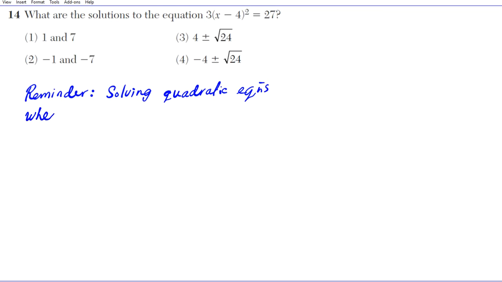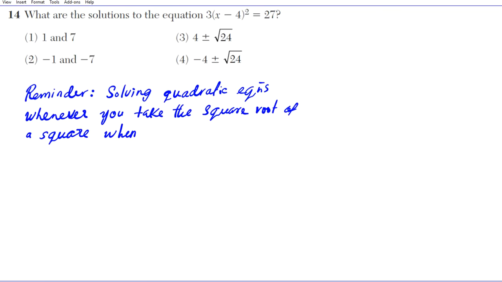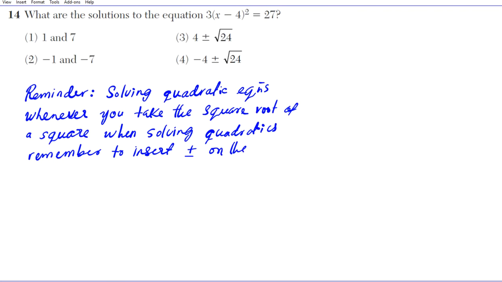All right, so whenever you take the square root of a square, when solving quadratics, remember, you need to remember to insert plus or minus on the root. Okay, so what are we talking about? You're going to see it in a second while we're trying to solve this problem.